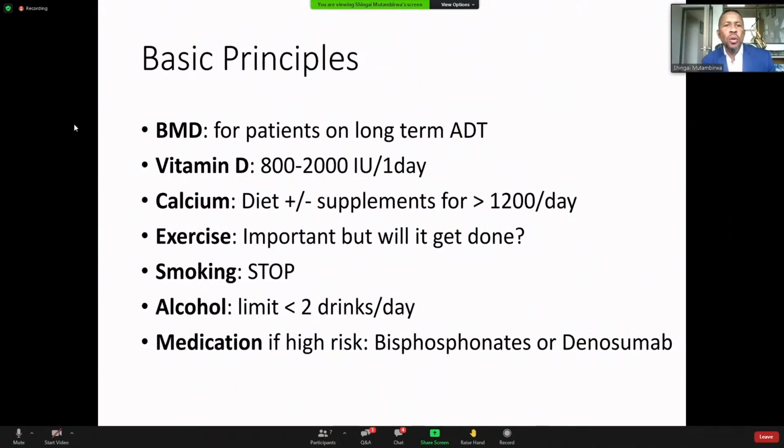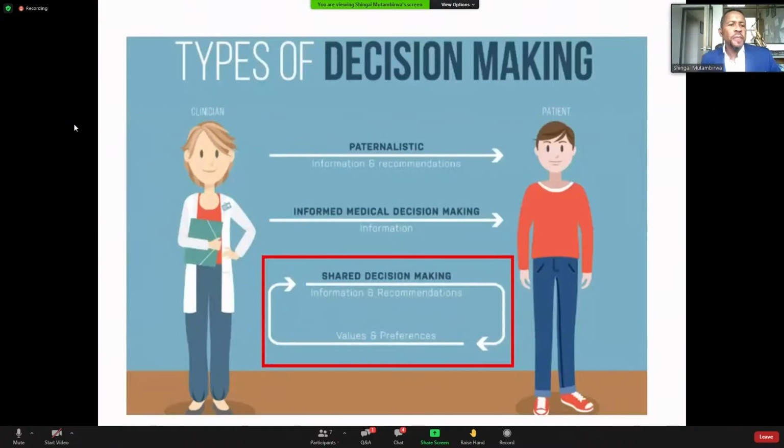Also vitamin D and calcium for patients with bone metastases, exercise, stopping smoking, alcohol limitations, and medications such as the bone protective agents, bisphosphonates, which is mainly zoledronic acid, or denosumab.